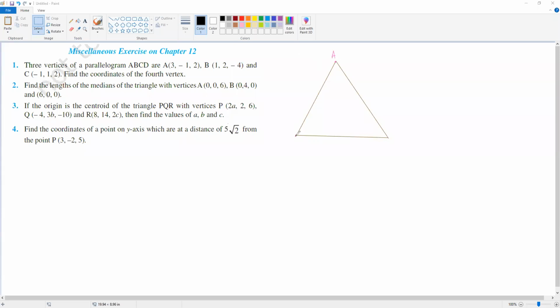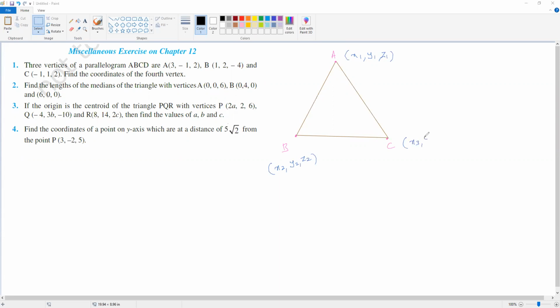See this triangle A, B, C. Coordinates of A is x1, y1, z1. B is x2, y2, z2.